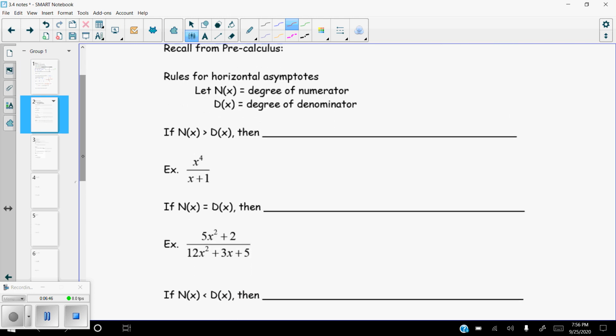So if we remember our rules from pre-calculus, we're going to let n of x equal the degree of the numerator and d of x equal the degree of the denominator. So if the degree of the numerator is greater than the degree of the denominator, there is no horizontal asymptote.